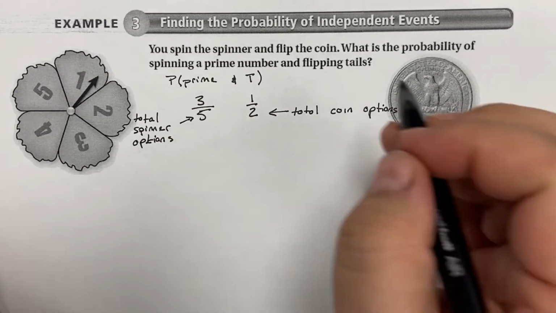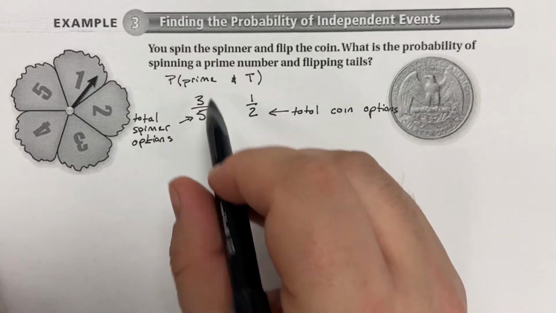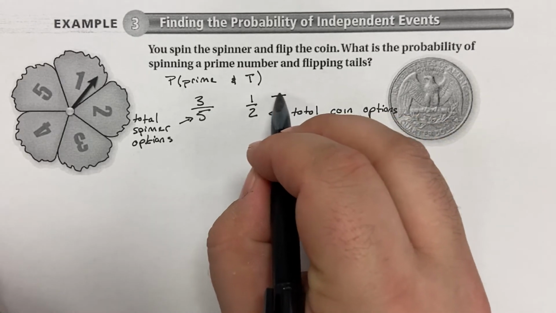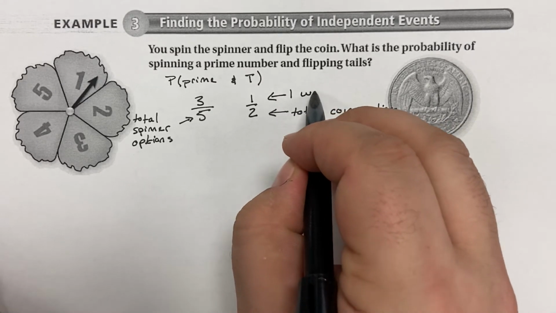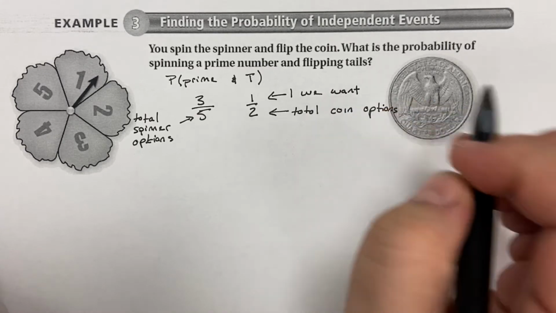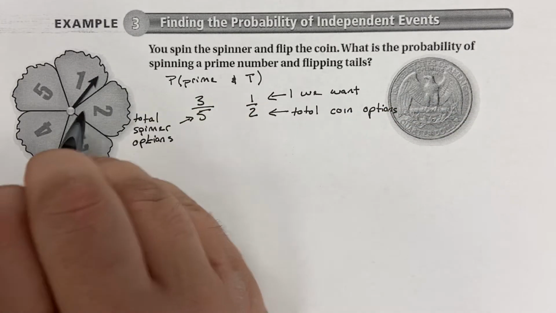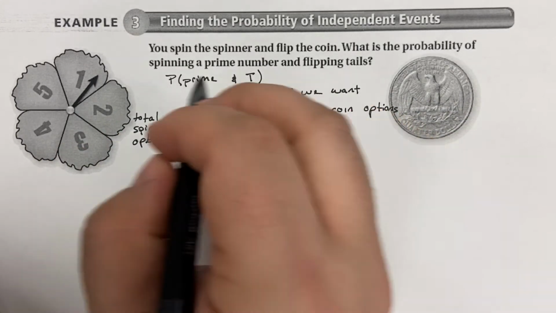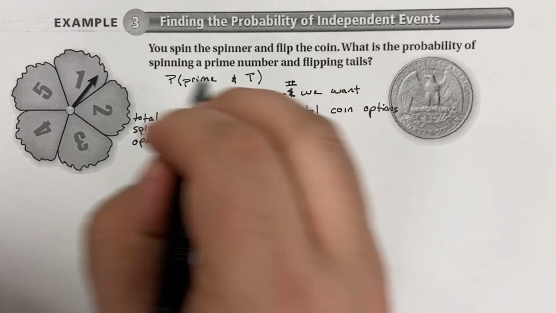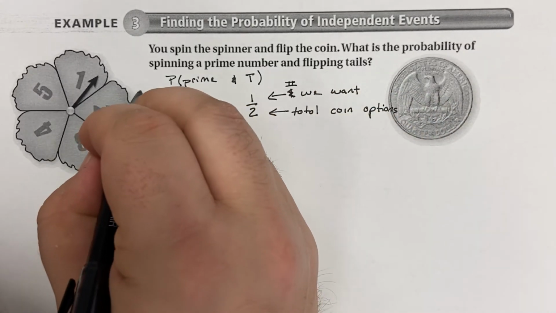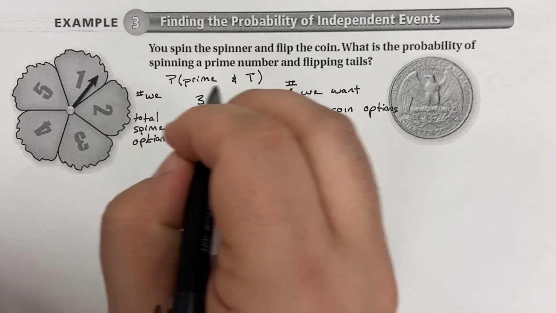You know me, I don't always list everything like this, but I think it's important to make sure. One we want, and I'll change that to number because then it's the same thing here, number we want.